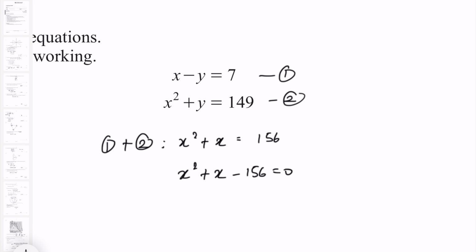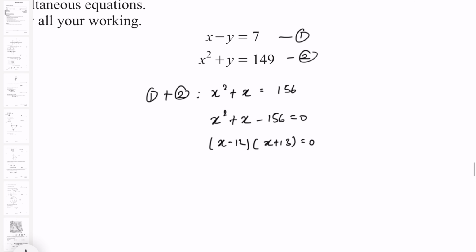I'm going to use my calculator for that. There's actually a trick. And I have x minus 12 and x plus 13. Okay, so x equals 12 or x equals negative 13.